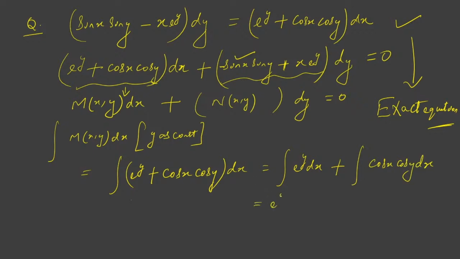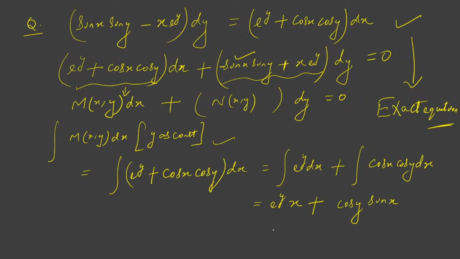So e to the power y comes outside because it is a constant, treating y as constant. Integration of dx is x, plus cos y comes outside because treating y as constant, and what is the integration of cos x? Sin x, right?